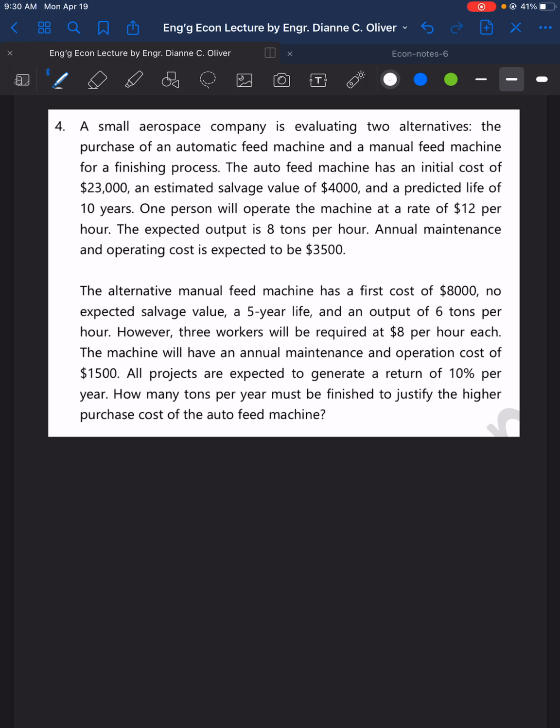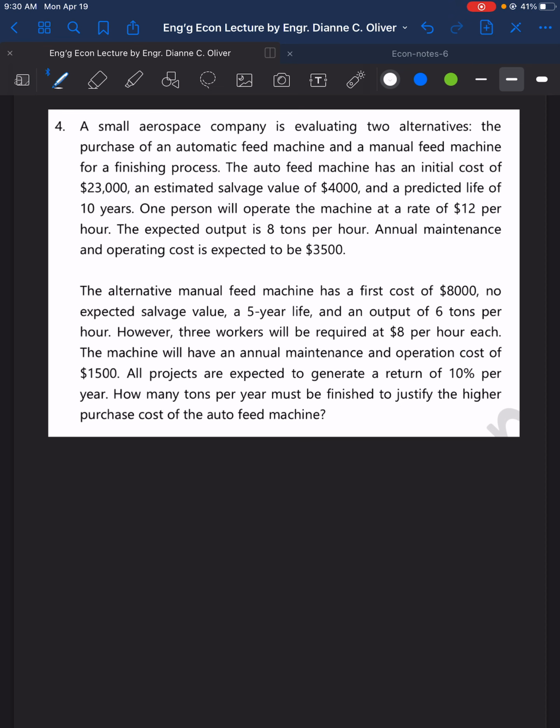The machine will have an annual maintenance and operation cost of $1,500, and all projects are expected to generate a return of 10% per year. How many tons per year must be finished to justify the higher purchase cost of the auto feed machine?